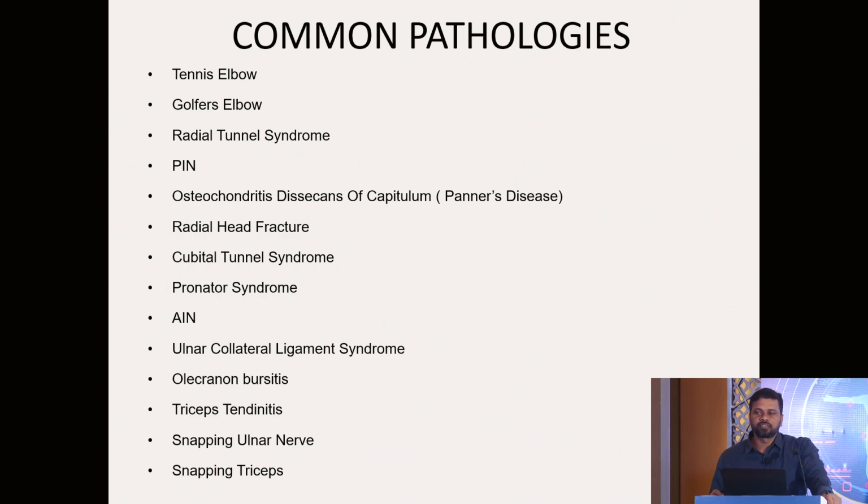The common pathologies around the elbow joint. Commonest, most of us know the tennis elbow, then golfer's elbow, radial tunnel syndrome, posterior interosseous neuropathy, then Panner's disease, radial head fracture, cubital tunnel syndrome, pronator syndrome, then anterior interosseous neuropathy, ulnar collateral ligament injuries or ulnar collateral ligament syndrome, olecranon bursitis or student's elbow, then triceps tendinitis, snapping ulnar nerve and snapping triceps.